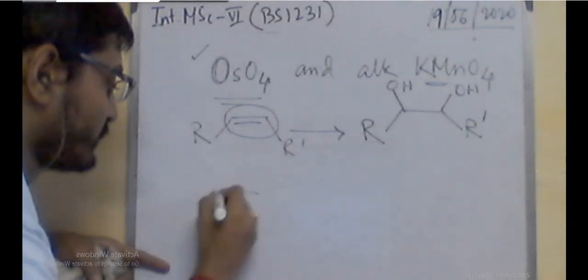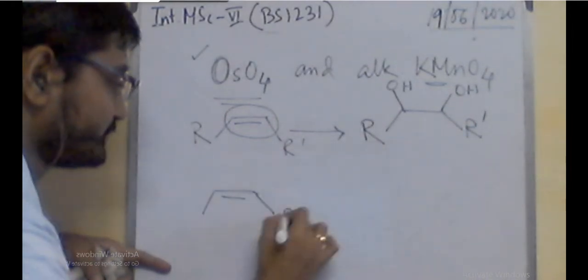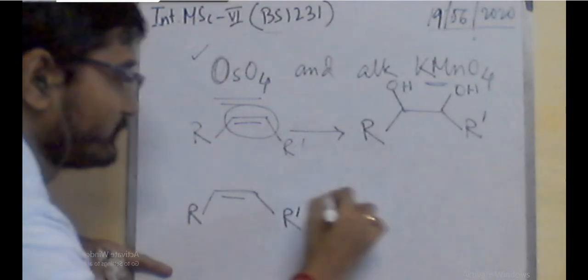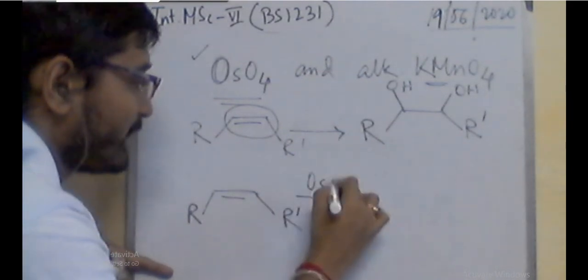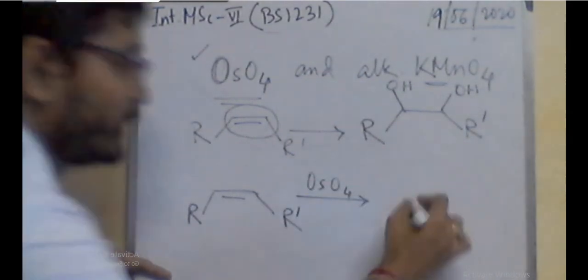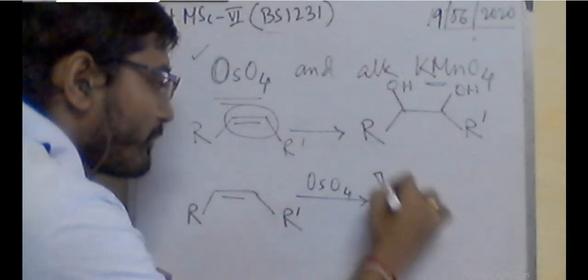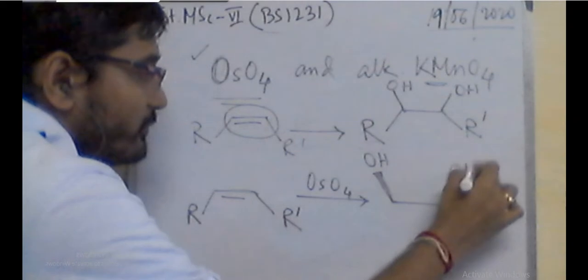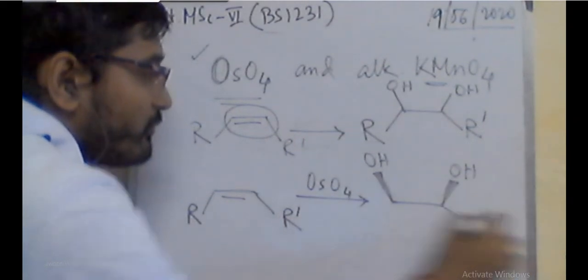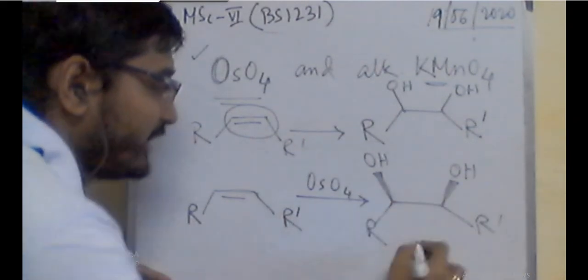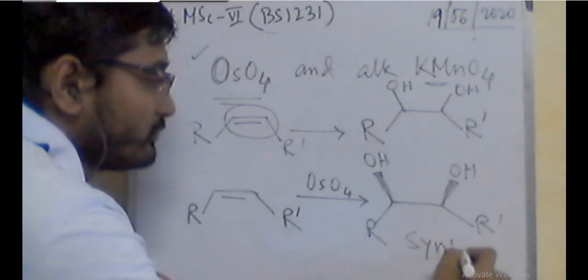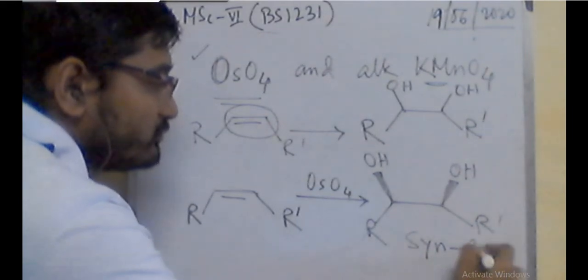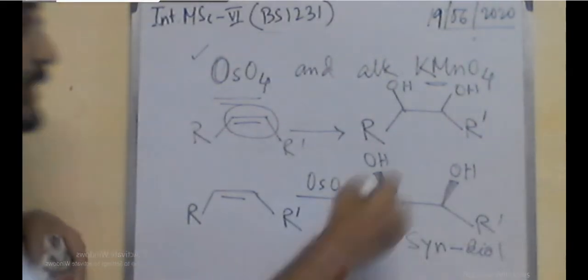That means both the OH will be on the same side. Okay, so that is the importance of the reagent, and here you can see the mechanism. When you are using osmium tetroxide, osmium is in the +8 oxidation state and it gets reduced to +6. When you are using osmium tetroxide with alkene, it can generate the osmate ester.